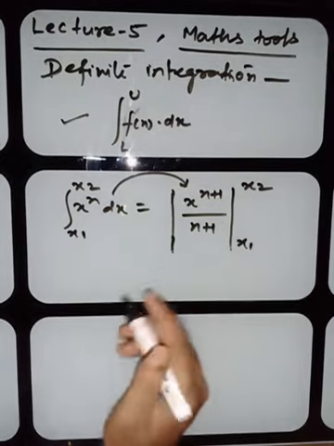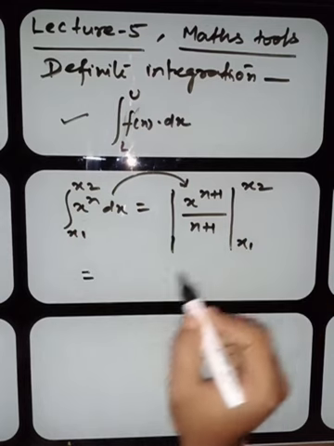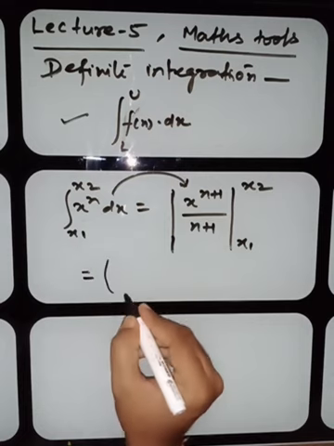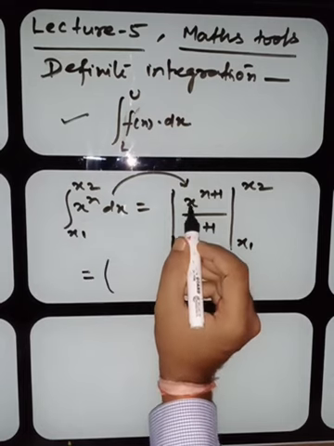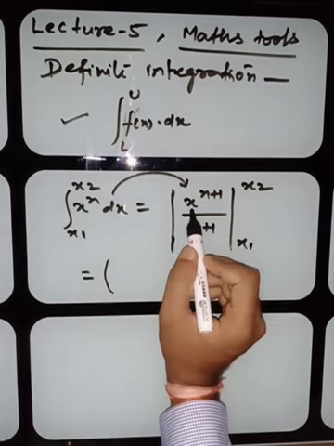In the next step you have to put in the values of the upper limit and lower limit. First you put the upper limit at the place of the variable. Remember, you have to put these limits at the place of the variable.